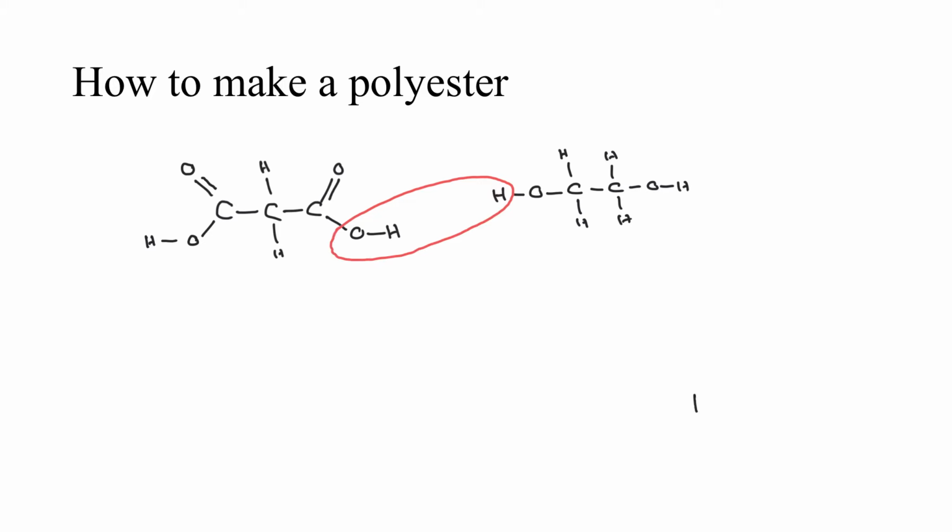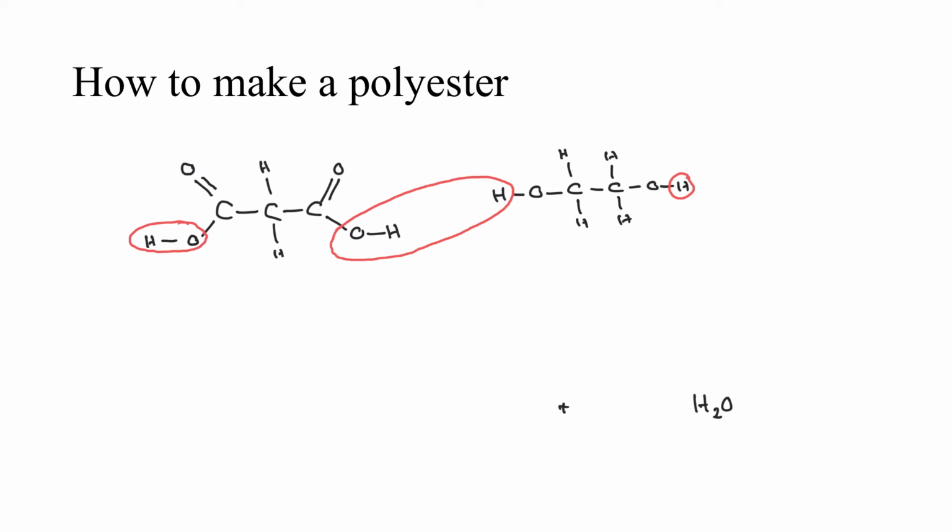So we can put H2O down here. Now, of course, we can get a condensation reaction occurring at either end here. So the other OH from the dicarboxylic acid and the H from the second OH group on the diol can, of course, allow other dicarboxylic acids and diols to join on.